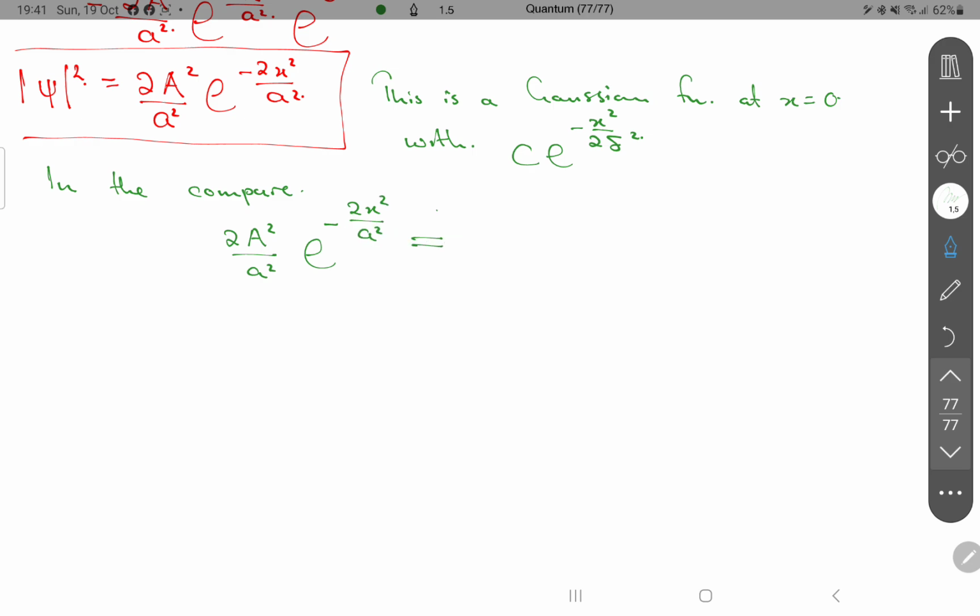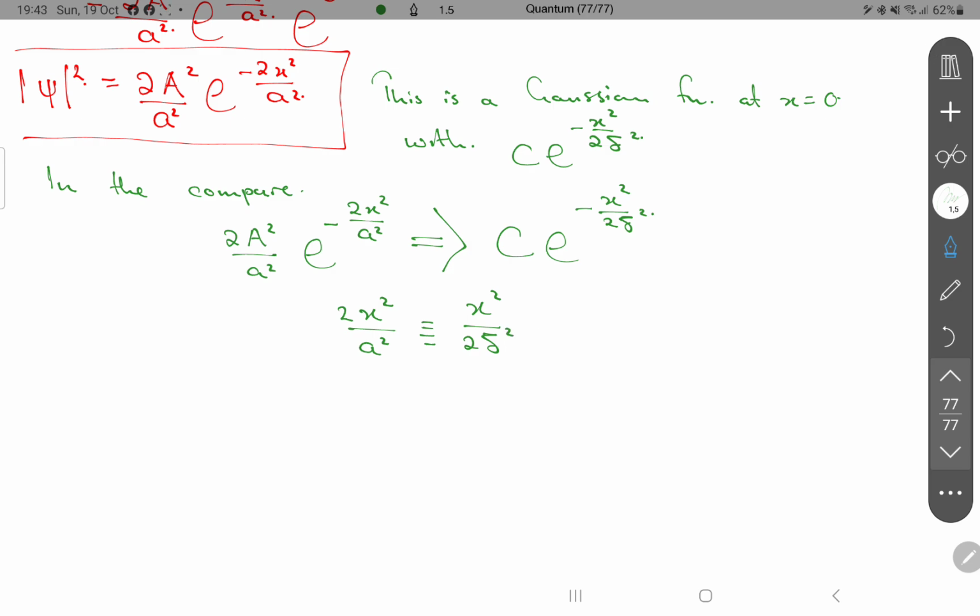Comparing with c e to the negative x squared over 2 sigma squared, we have 2x squared over a squared compared to x squared over 2 sigma squared.